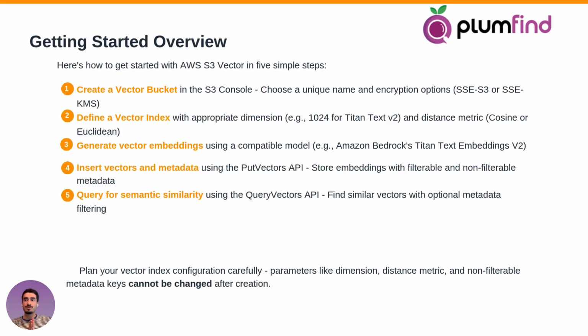Here is your roadmap to get started. First, create a vector bucket in the S3 console, then define a vector index with your specific dimension and distance metric requirements like cosine or Euclidean, and generate vector embeddings using services like Bedrock.